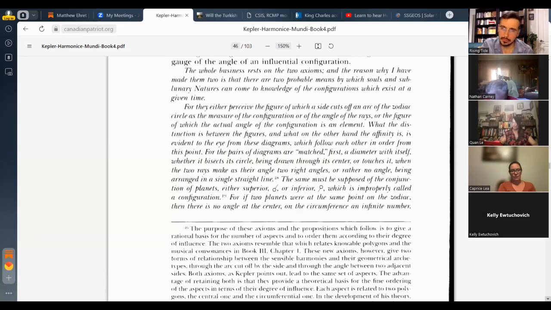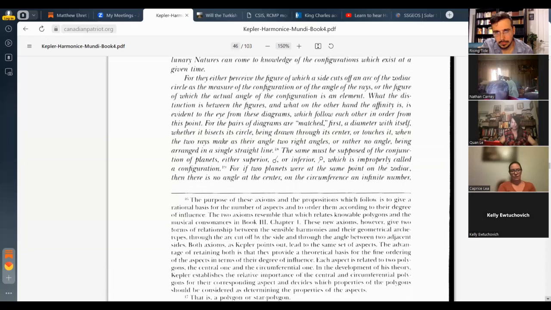The same must be supposed of the conjunction of planets, either superior or inferior, which is improperly called a configuration. Okay, so superior is when it's on the same side of the sun, and inferior is when it's on the opposite side of the sun.